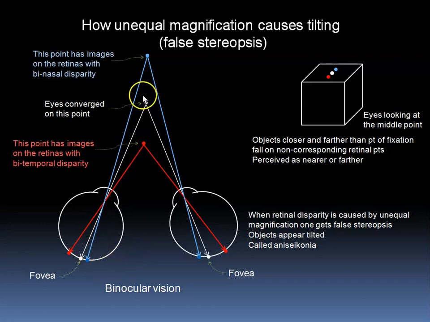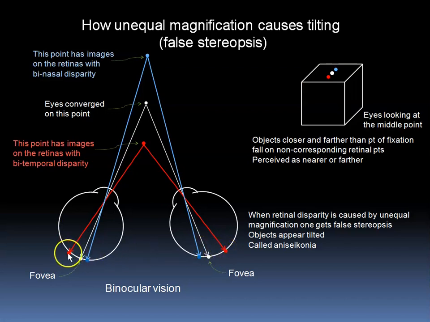If we have the eyes focused on a single point here so that it is aligned with the fovea of each eye, the eye is looking here at this white point on the surface of the box, there are points which are both further away and closer to the eye. Points that are closer are focused on non-corresponding parts of the retina that are in a more temporal position.